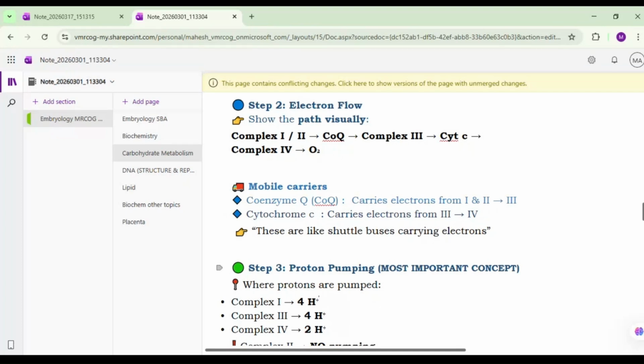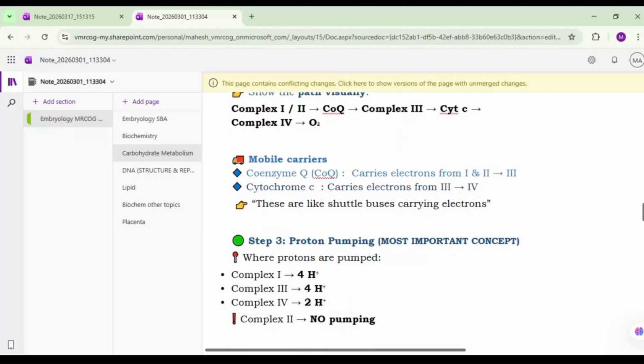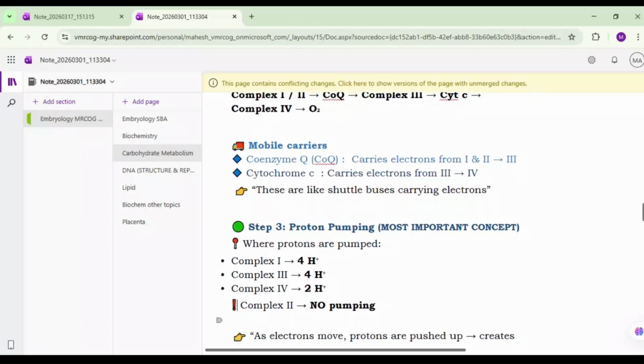Now the next step is proton pumping. This is the most important concept. Complex 1 pumps 4 protons out, complex 3 pumps 4 protons out, and complex 4 pumps 2 protons out. At complex 2, no pumping of protons is done.